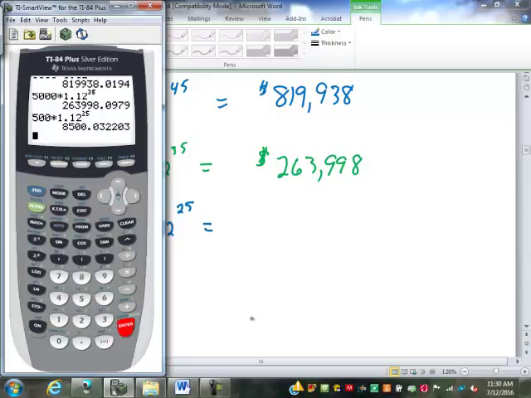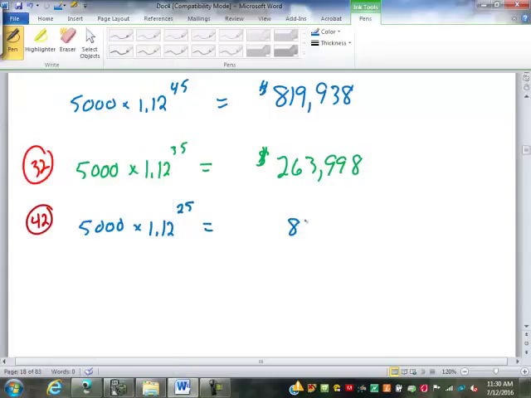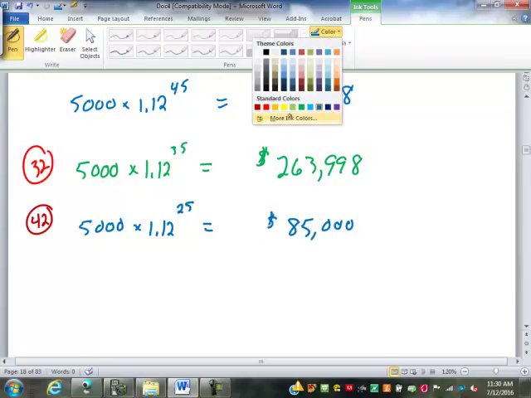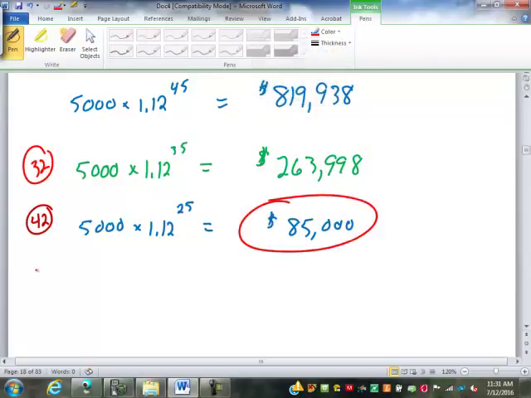So 85,000 almost exactly. By waiting to do it at 42 instead of 22, I get one-tenth of what you would have got at 22. Now that's not putting 5,000 away every year. That's putting $5,000 away once.